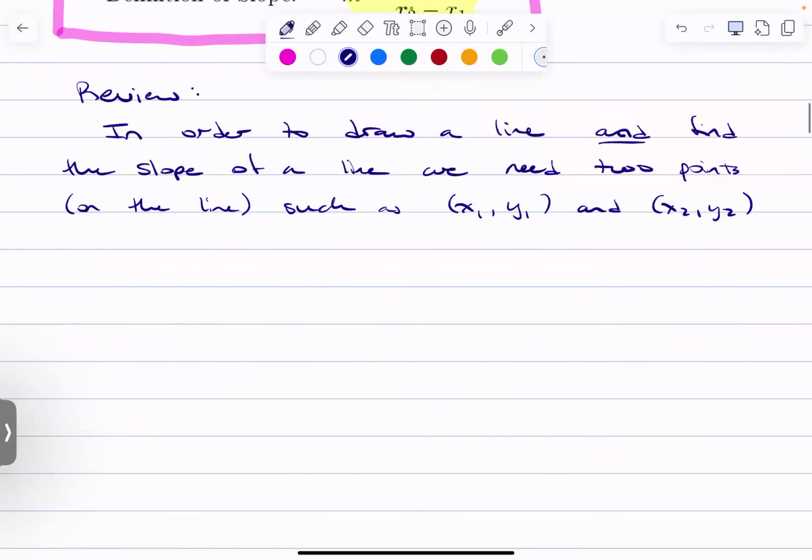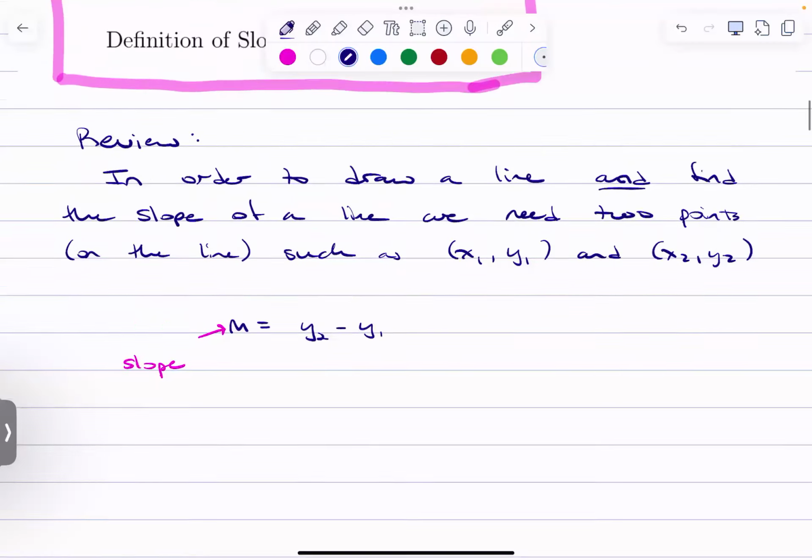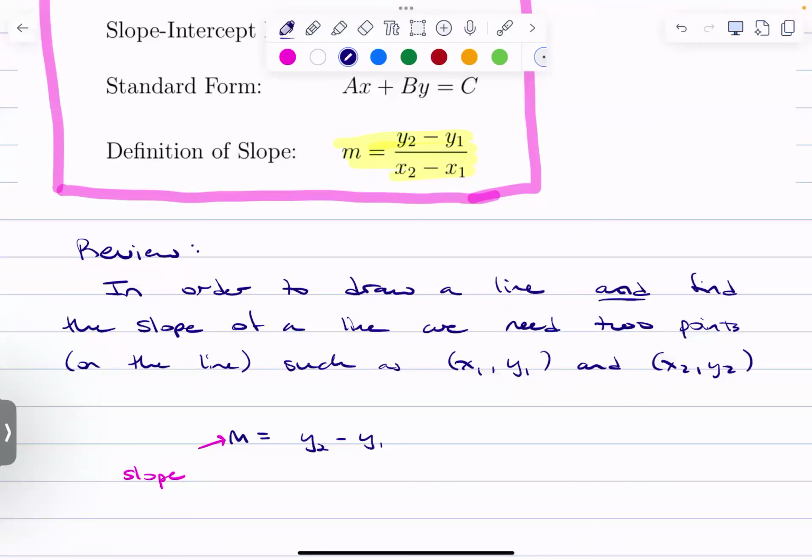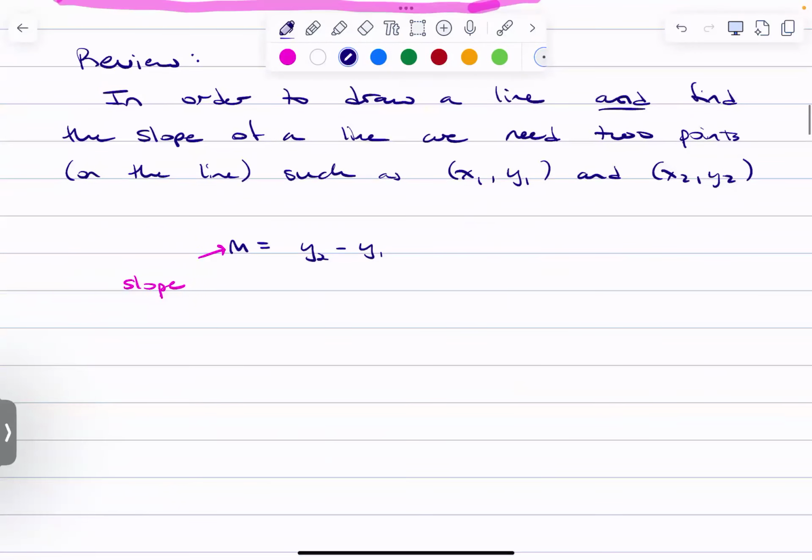And so then we have m, which is your slope, is y2 minus y1, just as we have up here, over x2 minus x1.